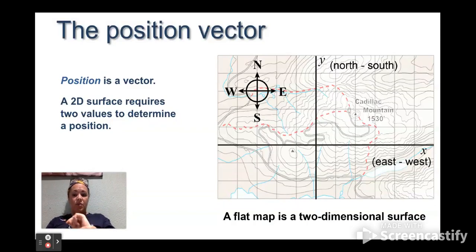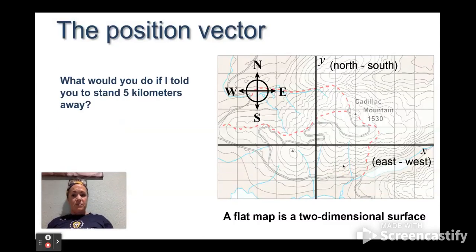When you add the coordinate plane, when you look at x and y, now you have the opportunity within that whole area to determine where you would be on a map. A flat map is a two-dimensional surface. It's a really good example of a coordinate plane. So what would you do if you were told to stand 5 kilometers away? What would be your first question?